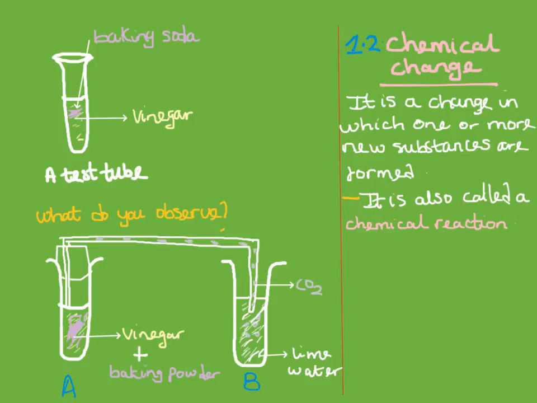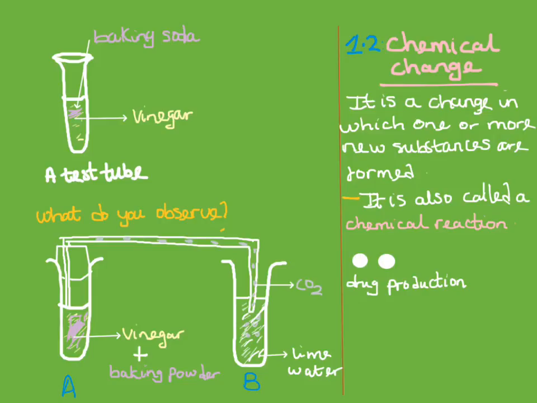So, the three examples above where new substances were being formed are all examples of chemical changes. Even the production of a drug is the end product of a chain of chemical reactions.